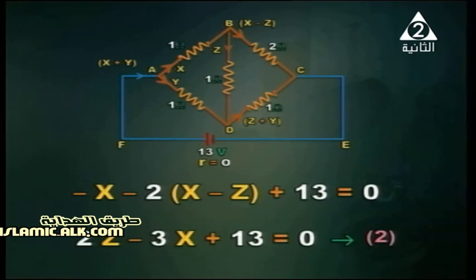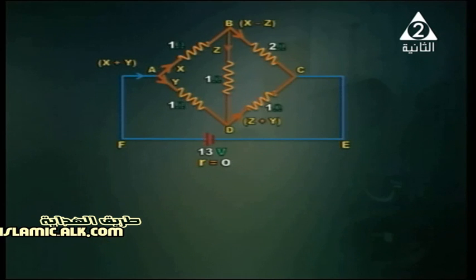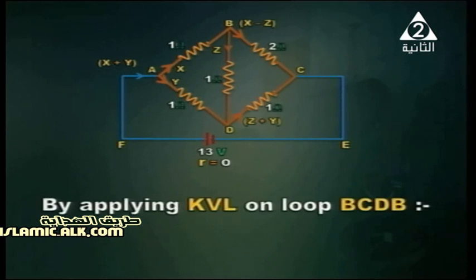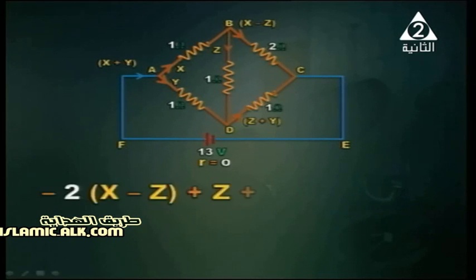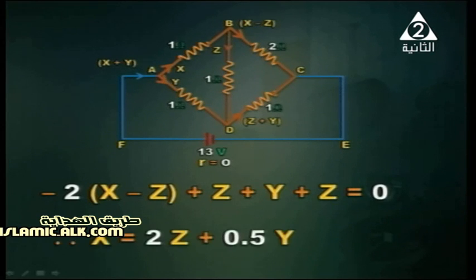And this is the second equation. By applying Kirchhoff voltage law on loop BCDB, minus 2 between brackets X minus Z plus Z plus Y plus Z is equal to 0. So X is equal to 2Z plus 0.5 Y. This is the third equation.